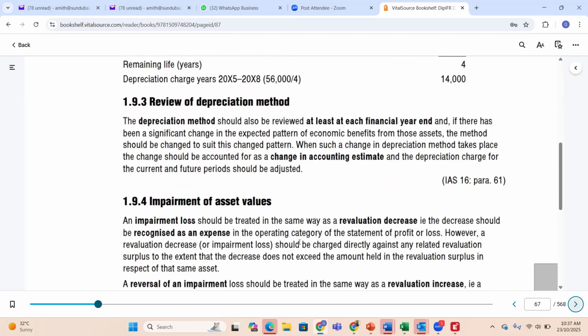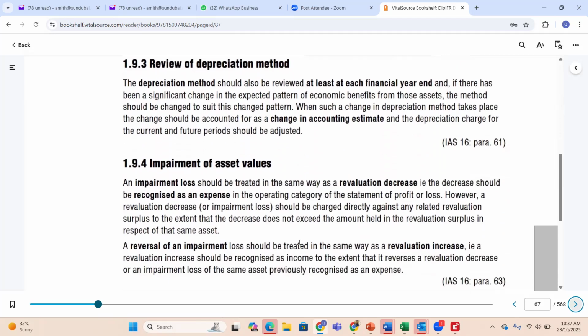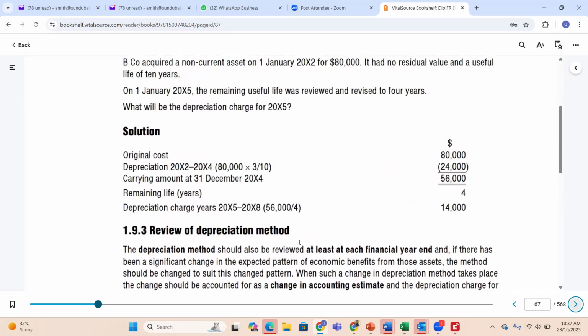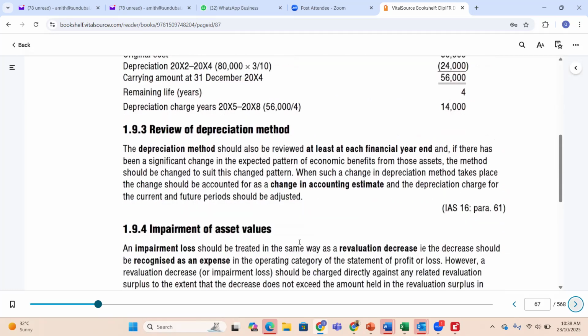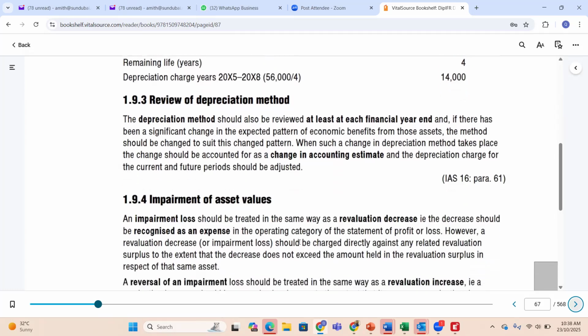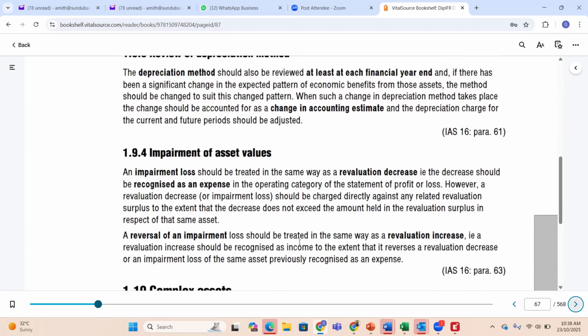Now, impairment, you know what impairment is, right? How to recognize impairment loss? Right. P&L, and reversal. Reversal of an impairment loss should be treated as a revaluation increase. That is, a revaluation increase should be recognized as income to the extent it reverses a revaluation decrease or an impairment loss.